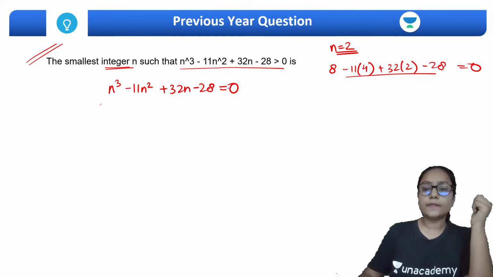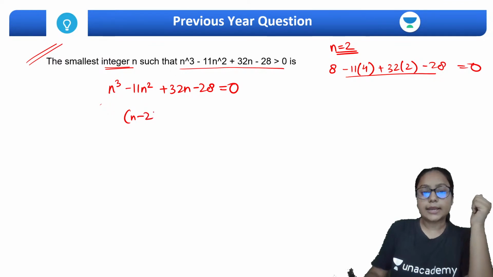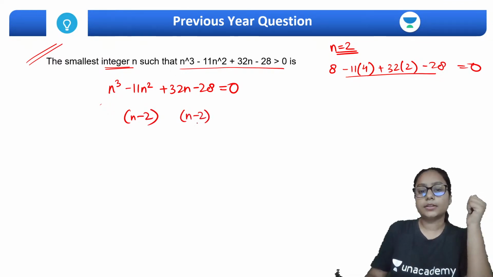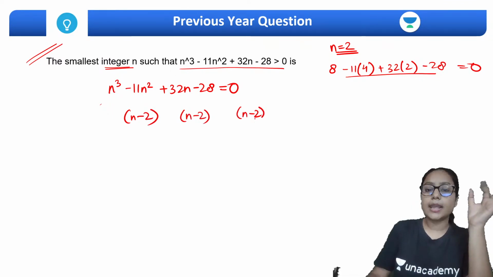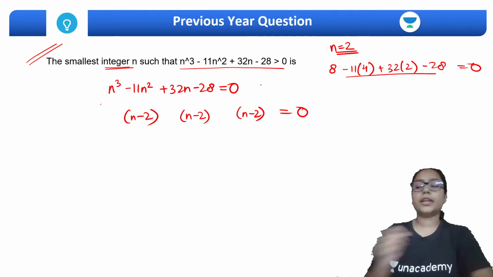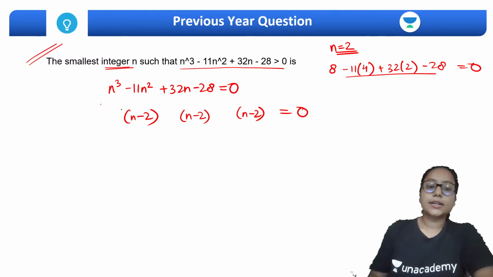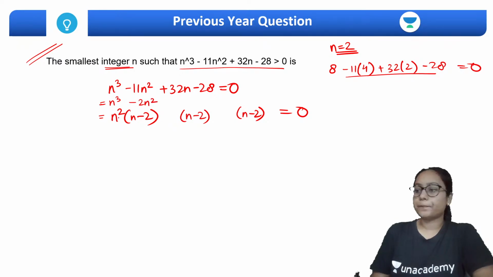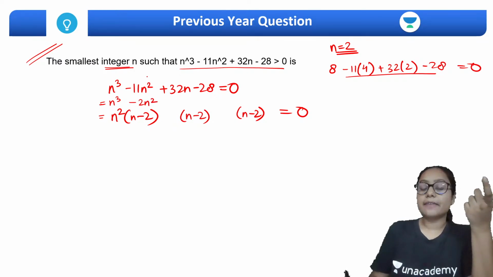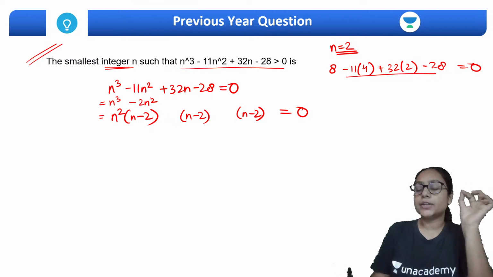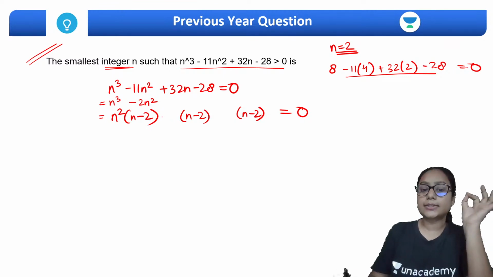Okay, now let us solve this. I will write n minus 2 here, and now we'll try to make the above equation. Let us multiply this by n square. What do you get? n cube minus 2n square. Now this is minus 11 and I already have minus 2, so I just need minus 9n square more.